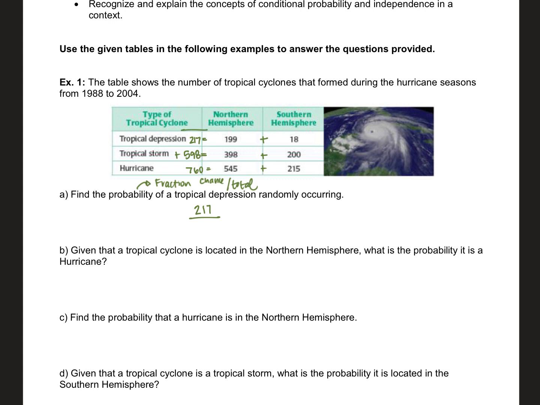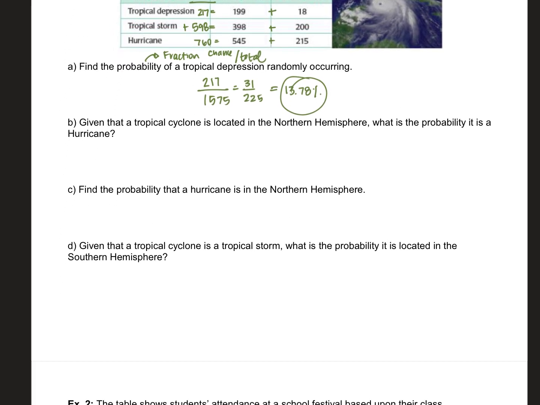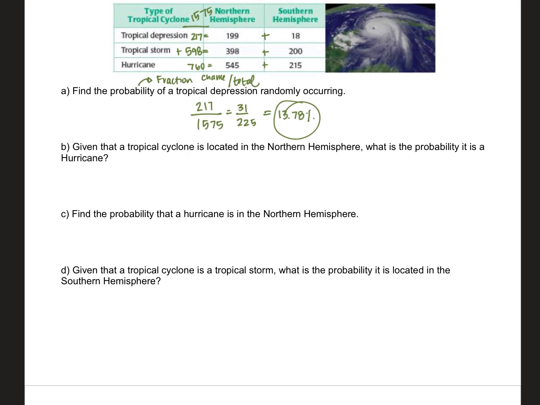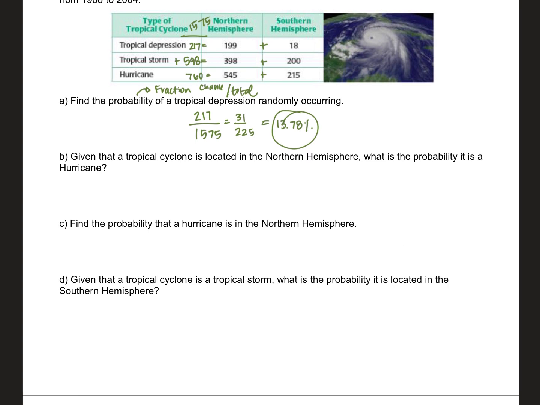So the total number of storms is 1575. There's our total. If we reduce that fraction, we get 31 out of 225. And if you calculate the percentage of that occurring randomly, it is 13.78%.